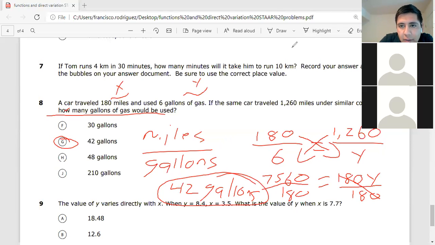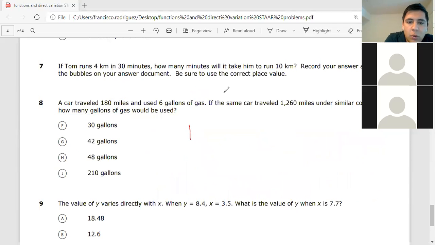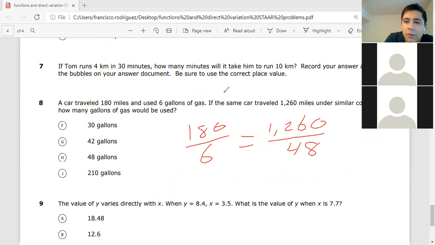And again, let's check, right? 180 divided by 6 should be equal to 1,260 divided by 42. That's what we found. So 180 divided by 6, that means we get 30 miles for every gallon, which is pretty decent, a decent car.